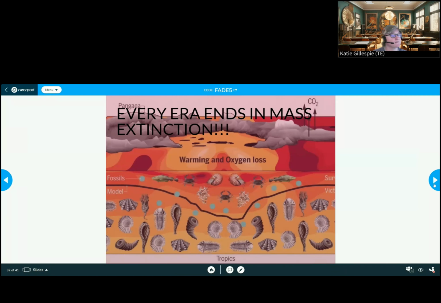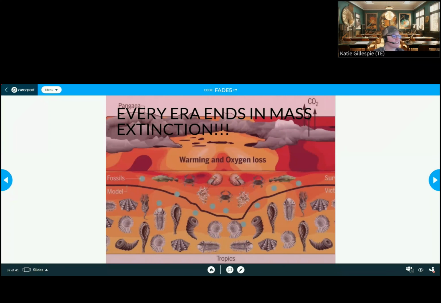I love the slide. So dramatic. Every era ends in a mass extinction. Remember I said, oh, look, something happened. This is what happened. Every era ends in a mass extinction. We think what happened was carbon dioxide skyrocketed in our atmosphere. I told you we are going to talk about the atmosphere, okay? Probably caused by Pangea coming together.